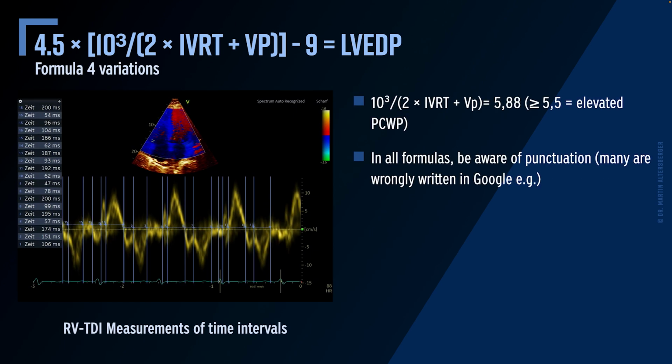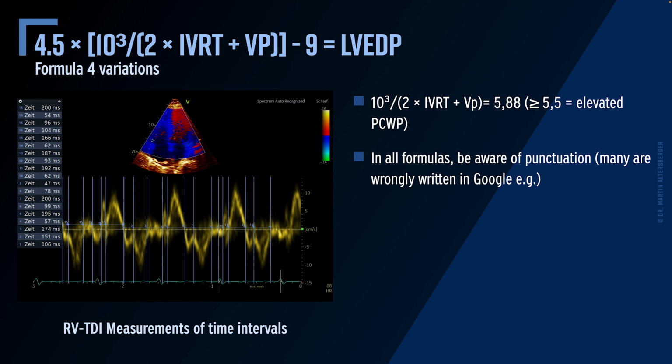Now, we also can measure time intervals in the right ventricle. So this is just an example of extensive measurements of time intervals in the right ventricle. And when you see a prolongation of IVRT, so the isovolumic relaxation time of the right ventricle, also an elevation of filling pressures of the right ventricle, so pulmonary hypertension, might be present.